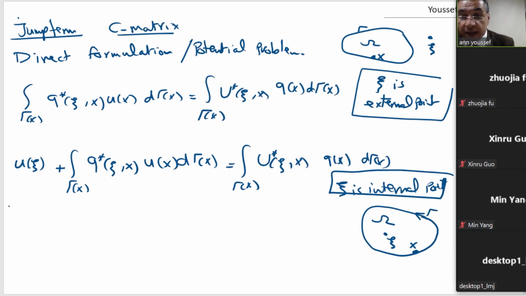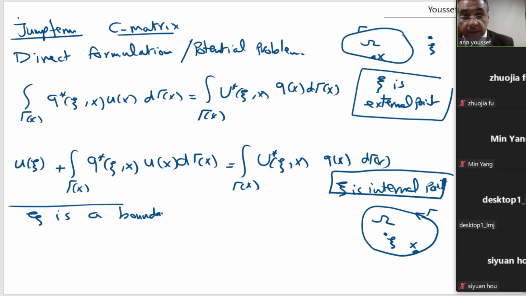But what happens when xi is a boundary point? This is a big question. I'm going to give you the final answer now, and we will show it later.